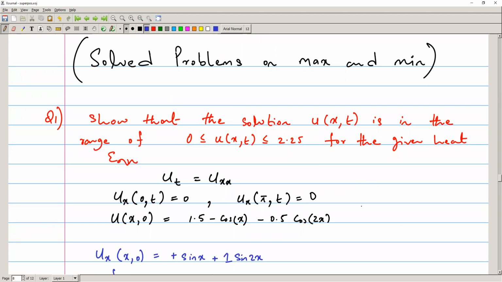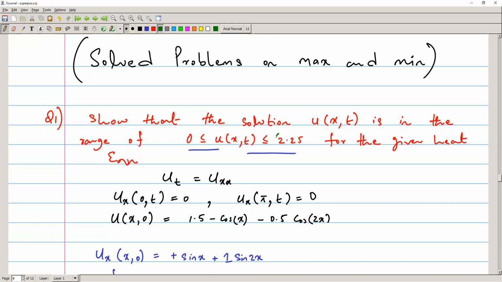of partial differential equations. So question number one is: show that the solution u(x,t) is in the range of 0 to 2.25. For the given heat equation, we have to show that the solution lies in this range, and this 0 represents the minimum value and this 2.25 represents the maximum value.